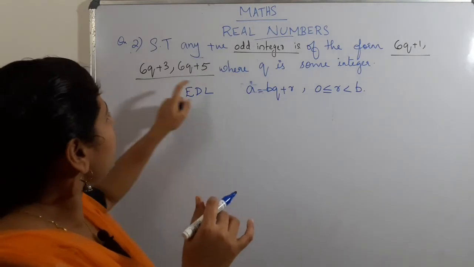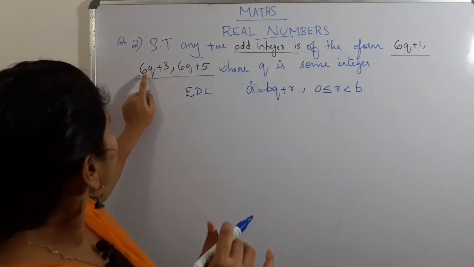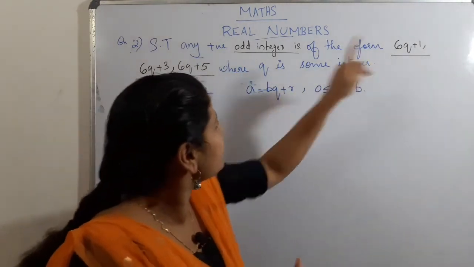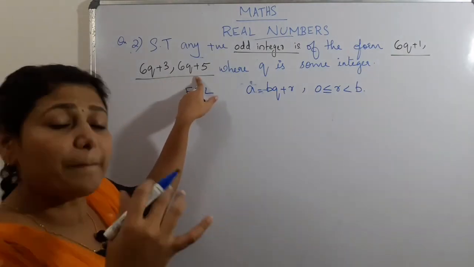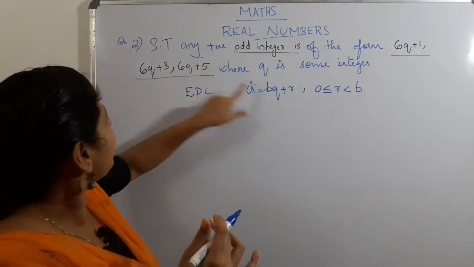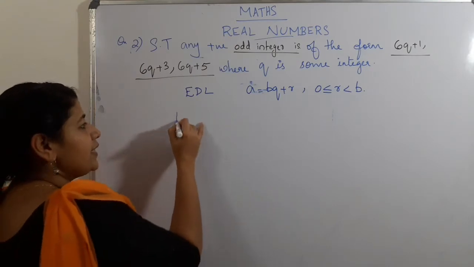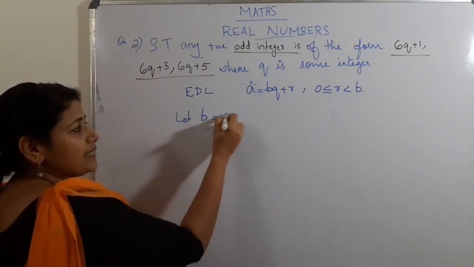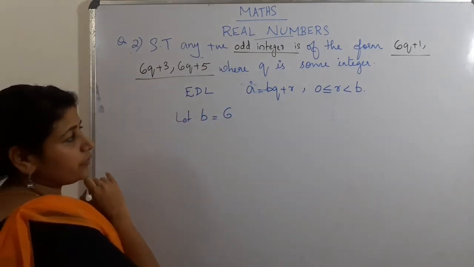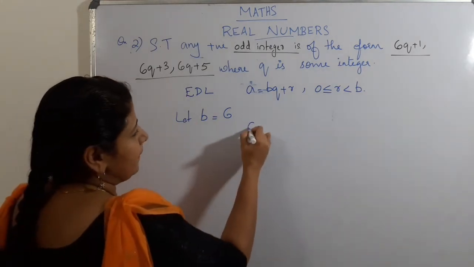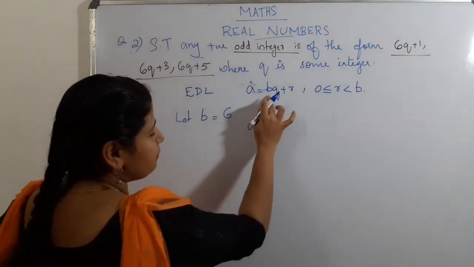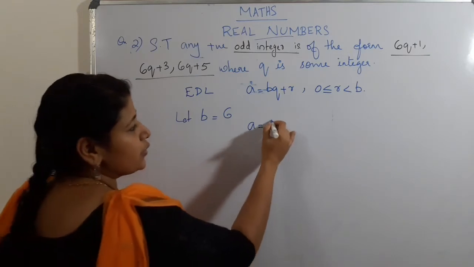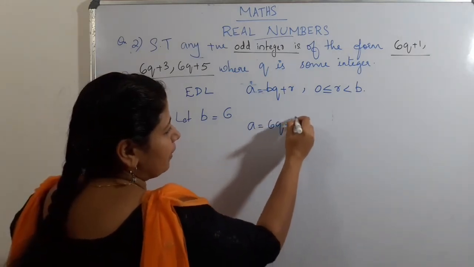Here we need the odd integers 6q plus 1, 6q plus 3 and 6q plus 5. So here b is 6. We are taking b as 6, so instead of b we substitute 6 and write a equals 6q plus r.